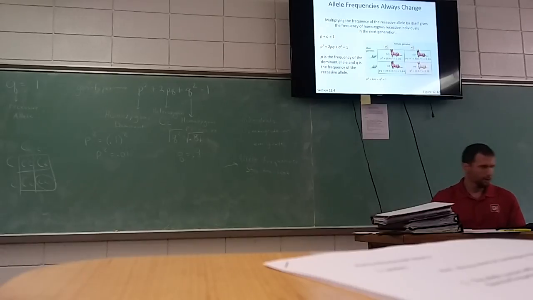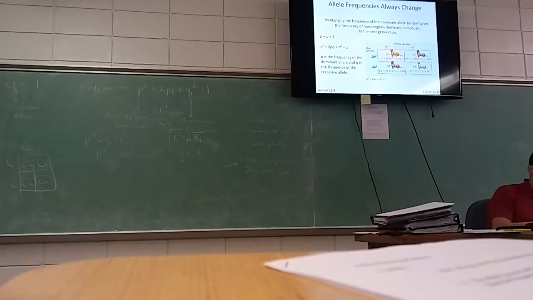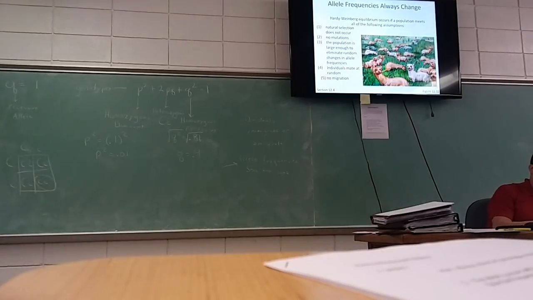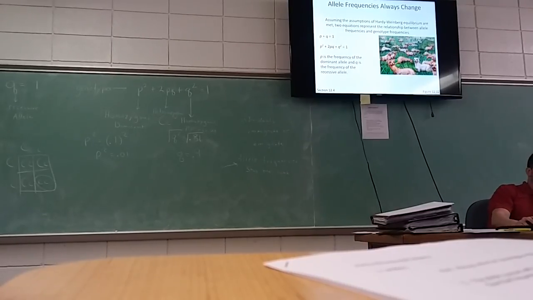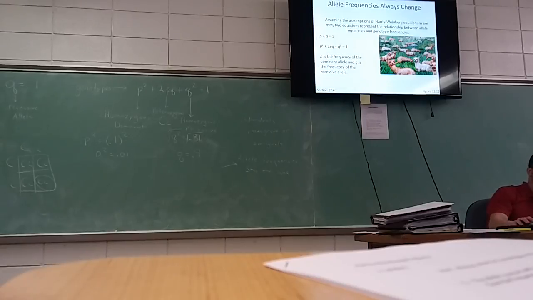All right, so let's go back through this, and we'll beat a dead horse a little bit, but for some of you, that'll help you out. So we know what the requirements are to have Hardy-Weinberg equilibrium, that there's basically no change in alleles happening. Assuming the assumptions of Hardy-Weinberg equilibrium are met, then we have Hardy-Weinberg equilibrium, and these two equations will apply.